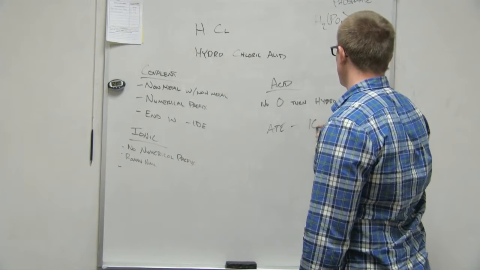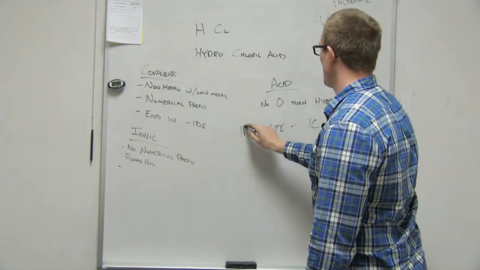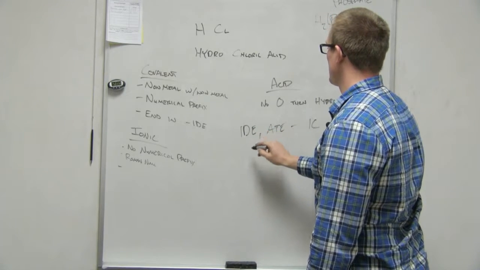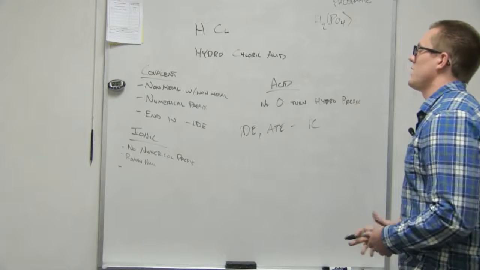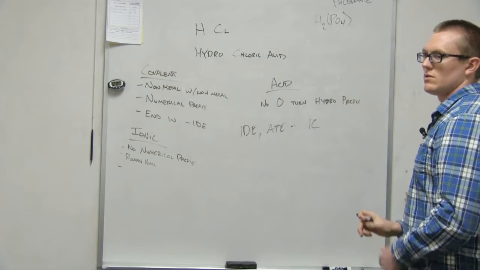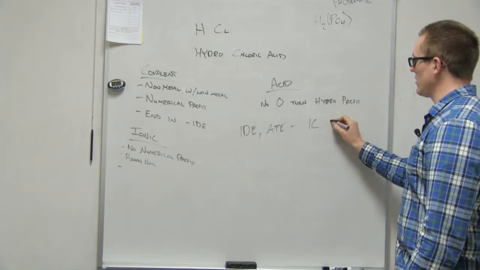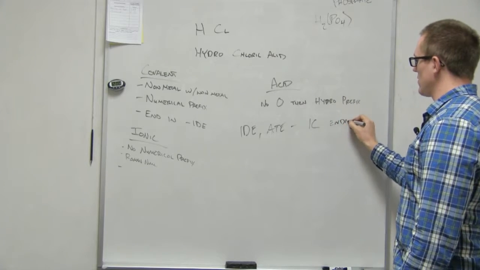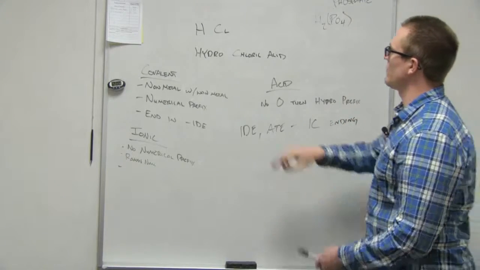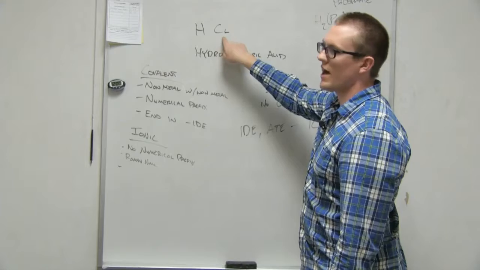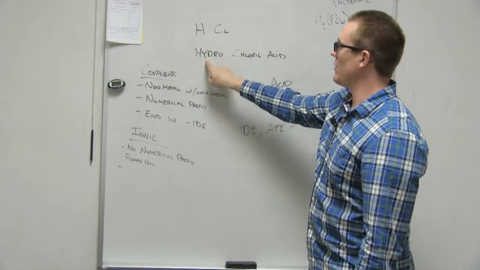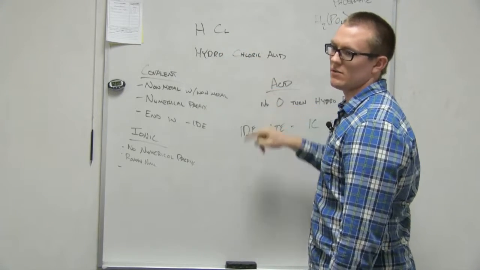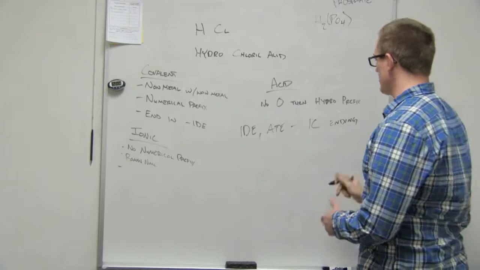So ATE goes to IC. And so does IDE. So IDE and ATE go to IC acids. That makes sense? IC ending. IDE and ATE. And so for example, this was hydrogen chloride, but it became hydrochloric acid. And so IDE and ATE end with that.